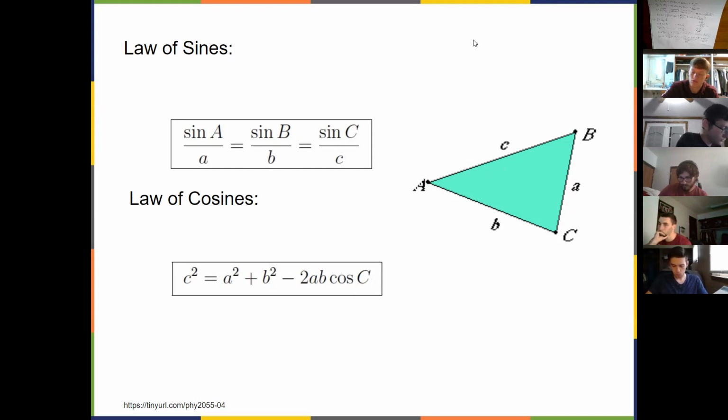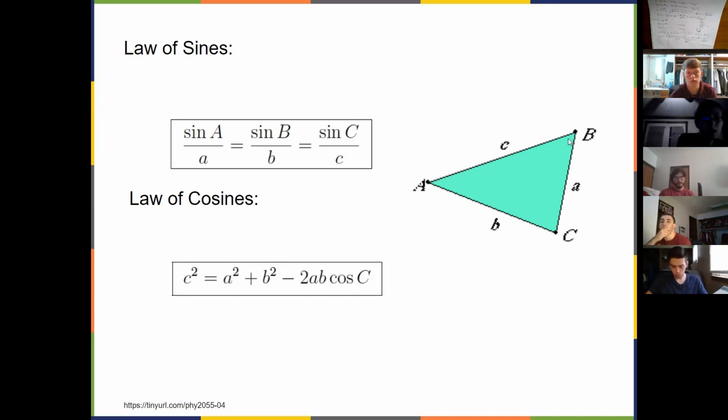It also applies if you are looking at this side: a squared should be equal to b squared plus c squared minus 2bc cosine A.